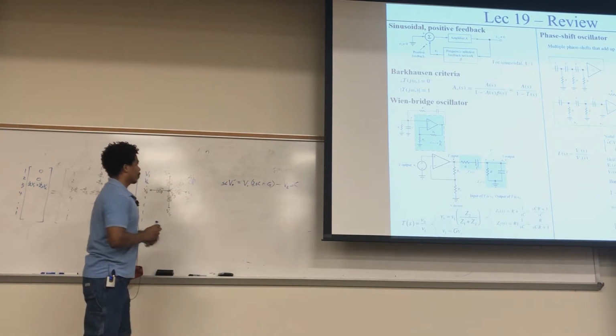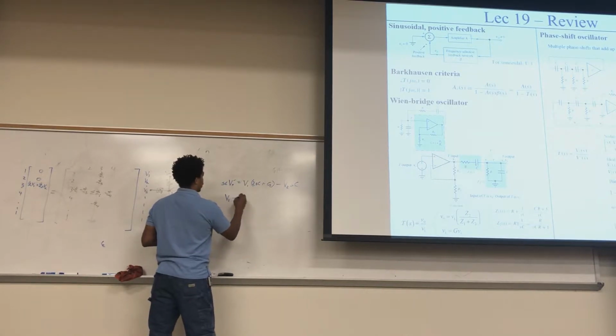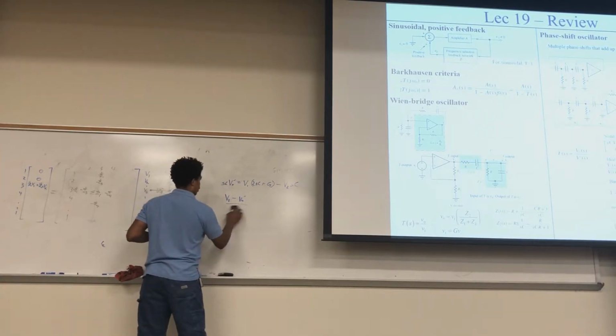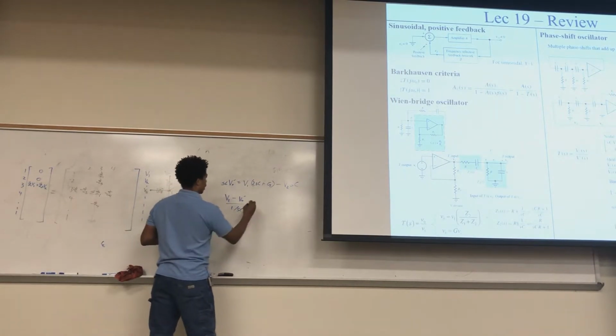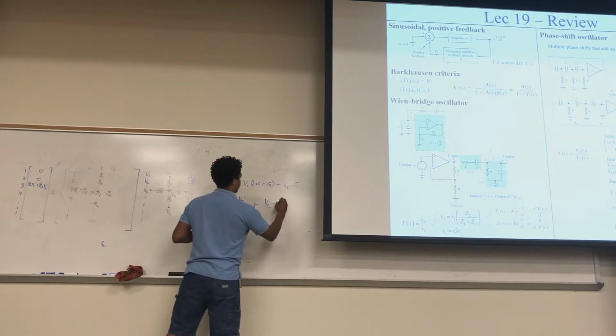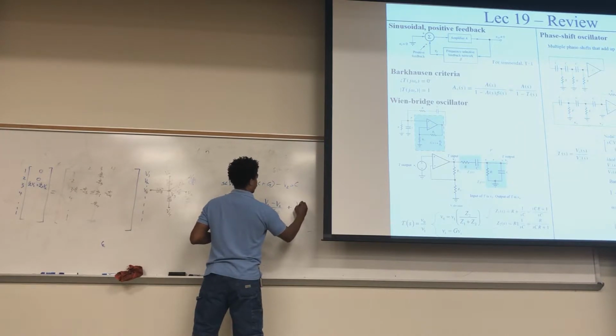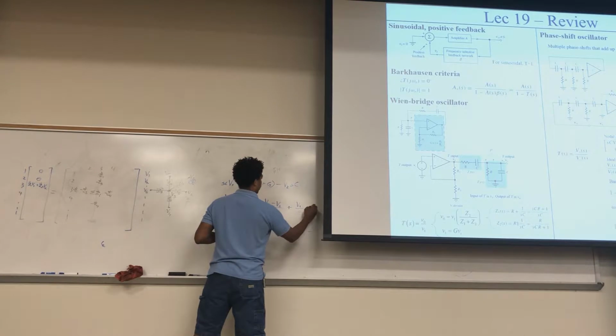Right? And then if we were to try to put it in the form of what we're used to looking at, what we would say is it's going to be V1 minus V0 over, okay, then plus V1 over, minus V2 over 1 over SC, plus V1 over R equals 0.